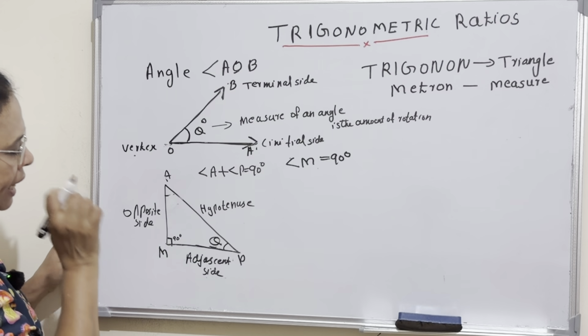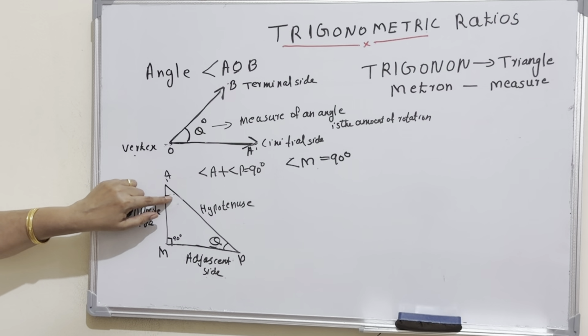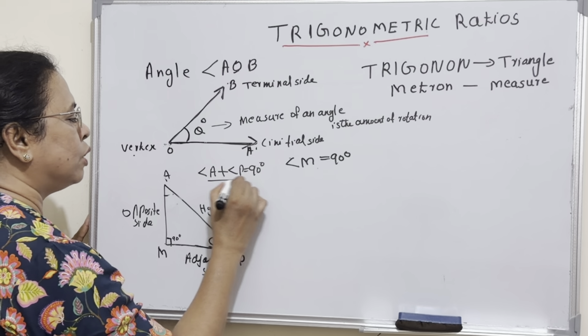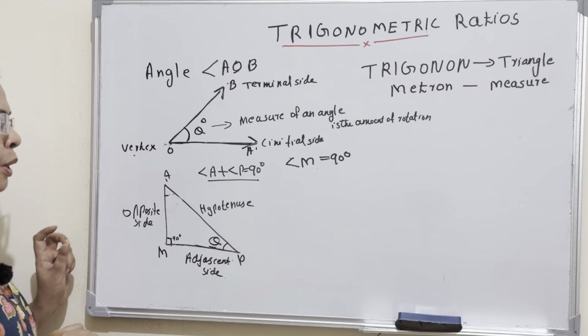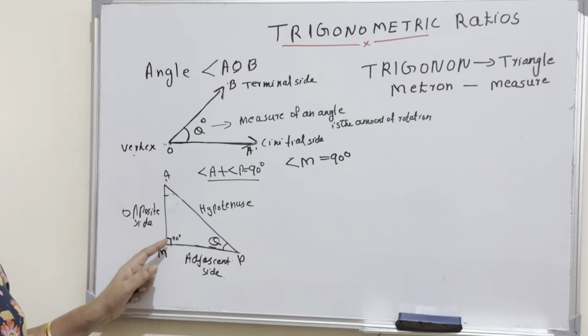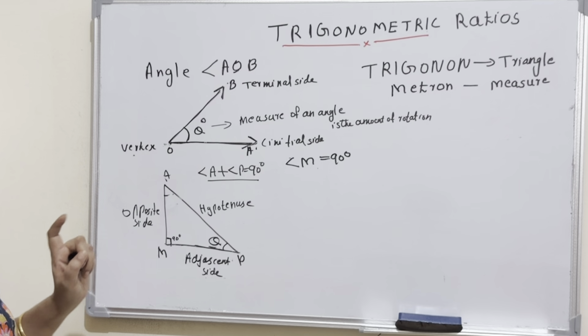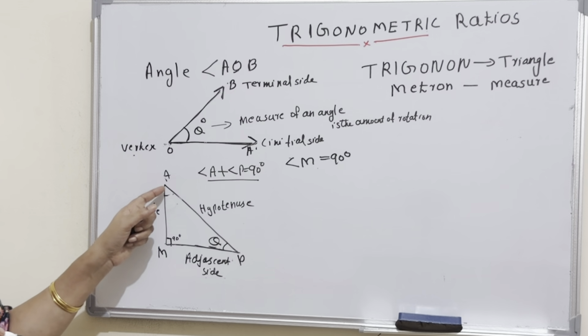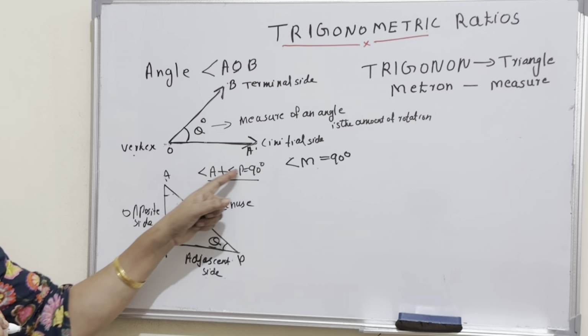So, if angle M is 90 degrees, angle A plus angle P should be 90, because by the angle sum property we know in a triangle there are three angles whose sum should be 180. Out of that angle M alone is 90, so angle A plus angle P should be 90.